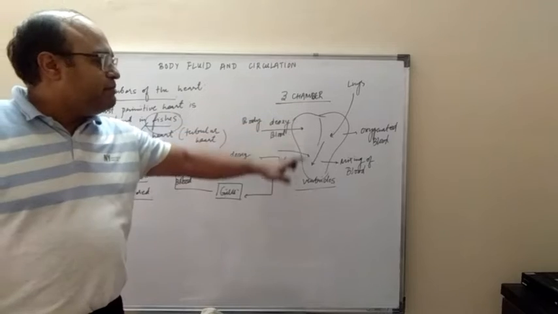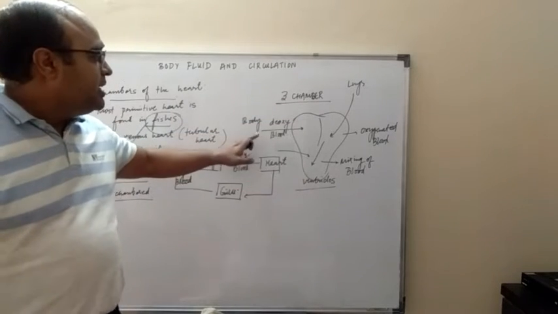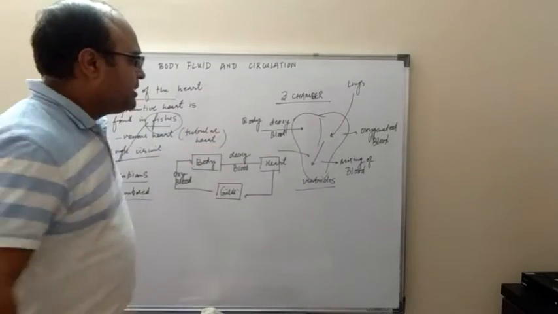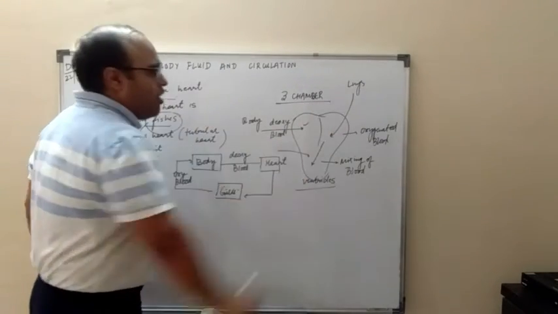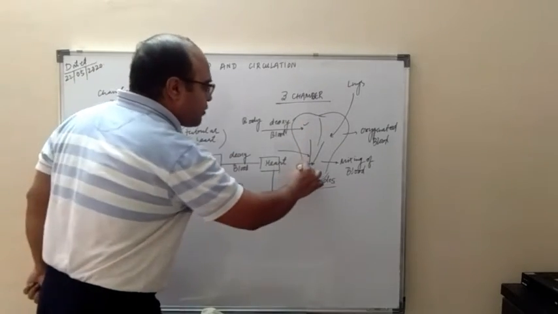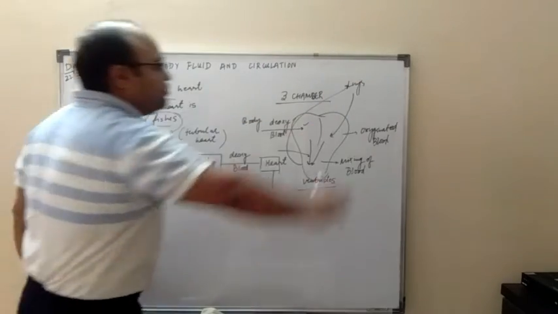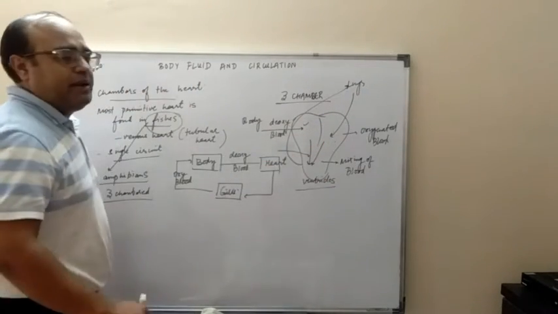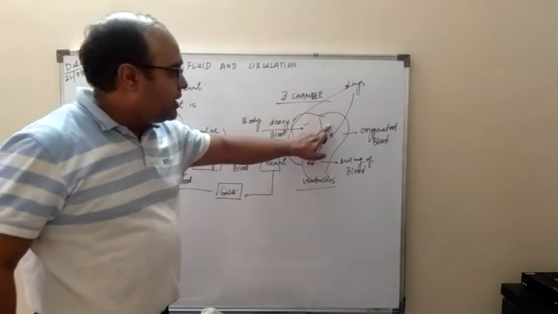So in the three-chambered heart system, you can see that the body is giving the deoxygenated blood into this auricle. From the auricle, it is going into the ventricle. From the ventricle, again it is going into the lungs. From the lungs, this oxygenated blood is coming into the left auricle.